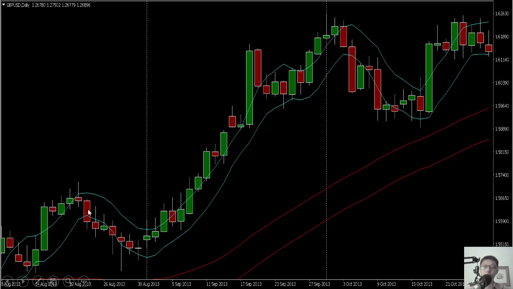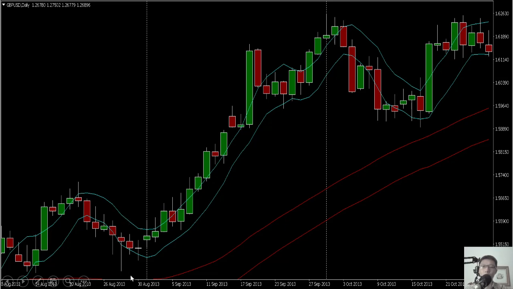After sellers push to the downside until closing below this low of the moving average, the price goes to the downside. So this high moving average can act as a dynamic resistance.